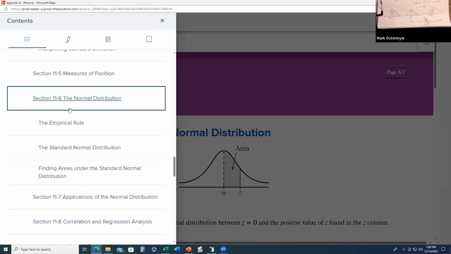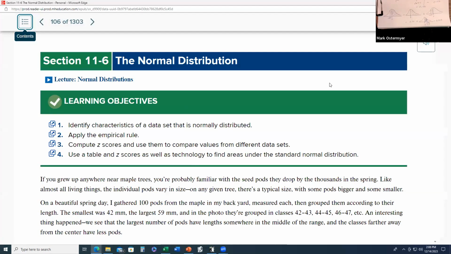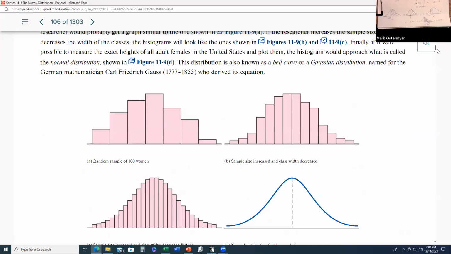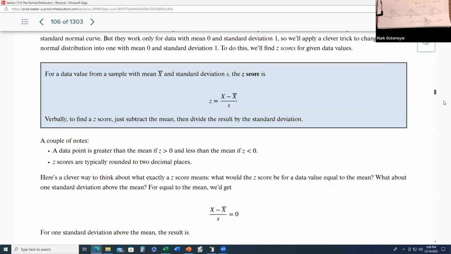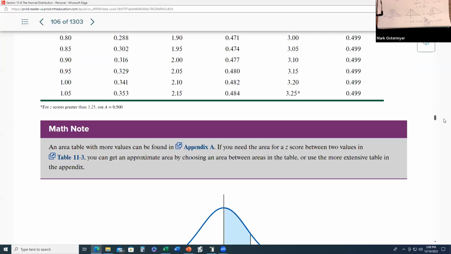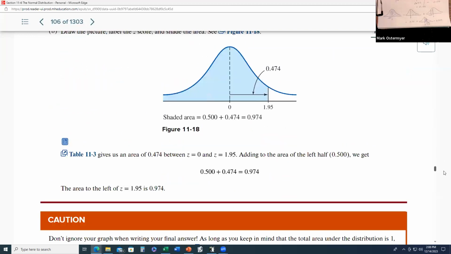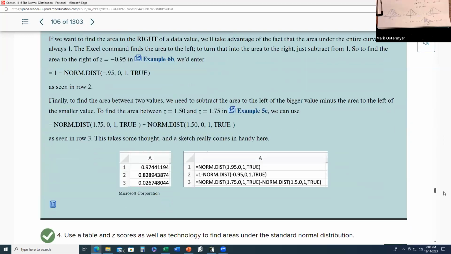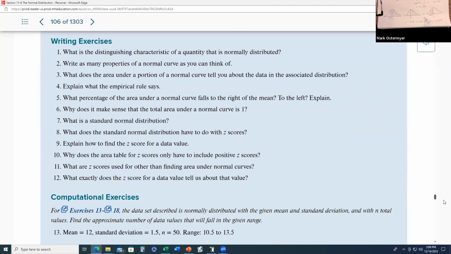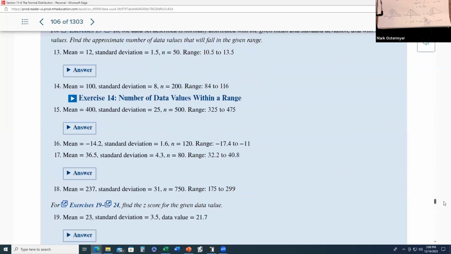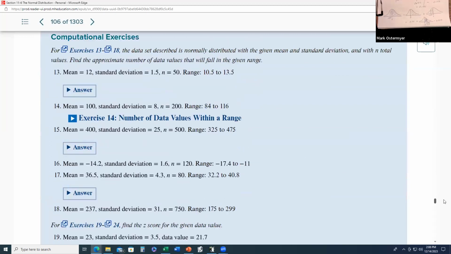Yeah, normal distribution. As always, you're welcome to look over these sections and maybe work out some supplemental examples or things like that.